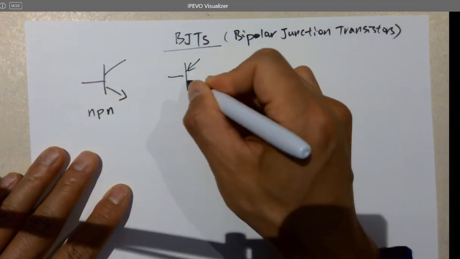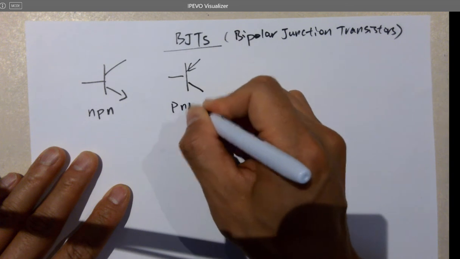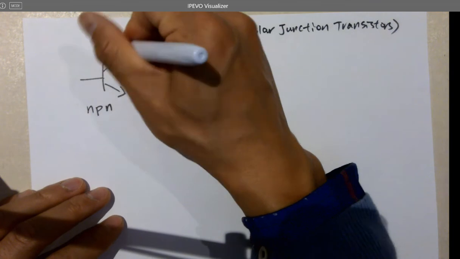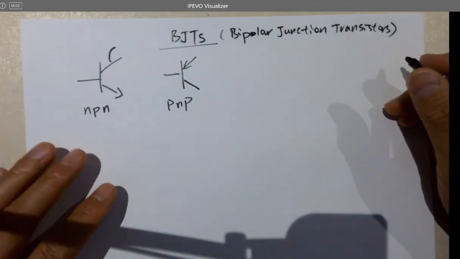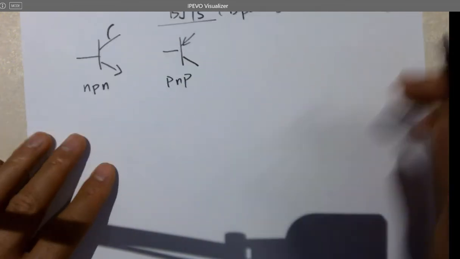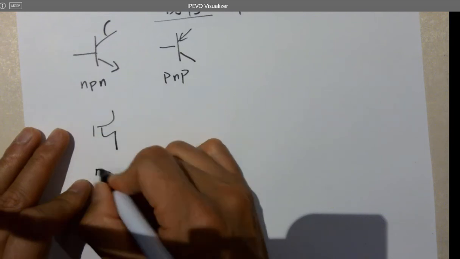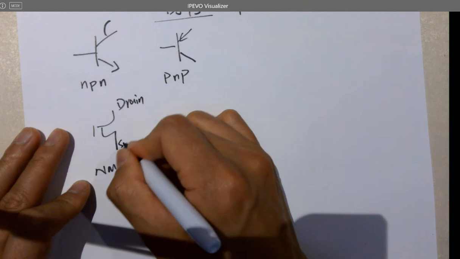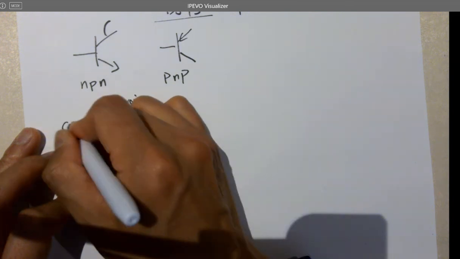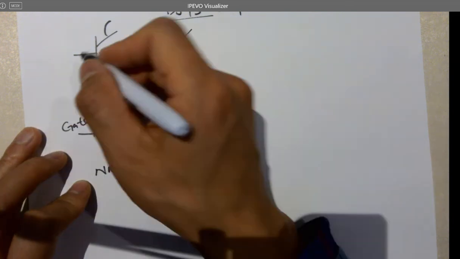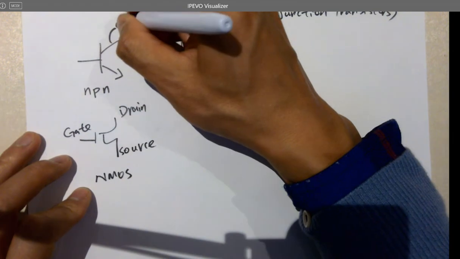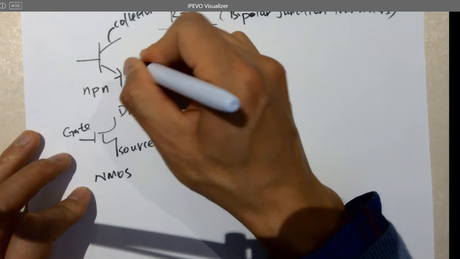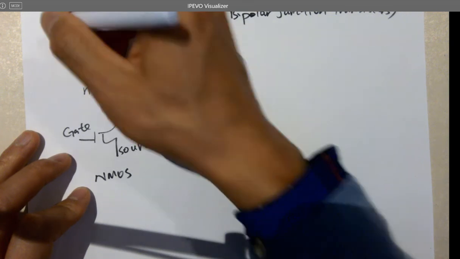Or this is a PNP. So this terminal is not a drain, right? In CMOS, NMOS, this is called drain, this is called source, this is called gate. For BJT, for NPN, this is called collector, this is called emitter, and this is called base.